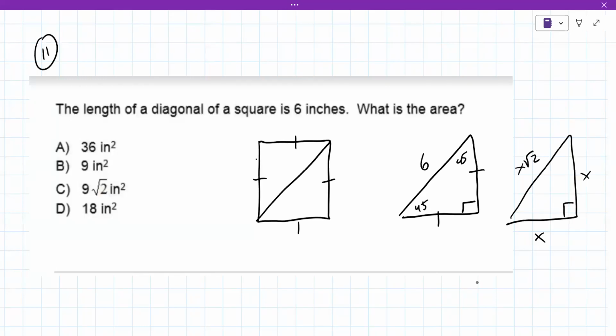I'm going to have to factor that actually. 3, 6, 9, 12, 15, 18, 6, 3. So I got a 6 and a 3. And then I do a 3 and a 2.